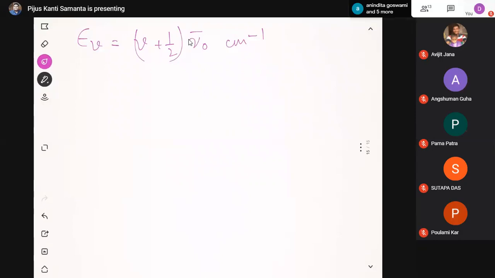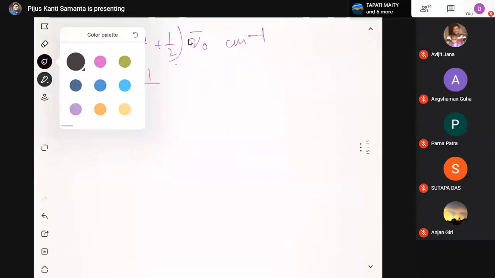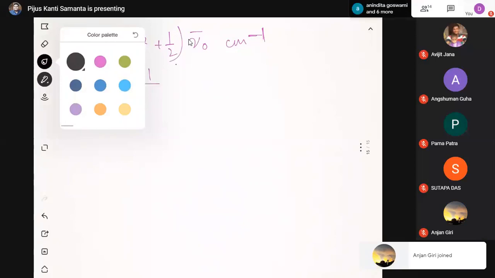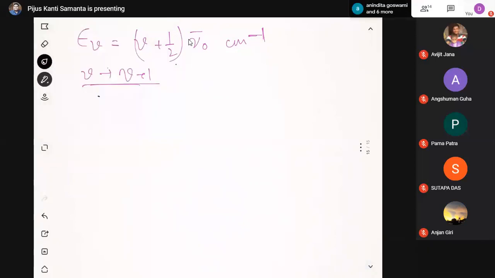If a molecule makes a transition from V to V plus 1 state, if a molecule jumps from V to V plus 1, what will be the wave number?